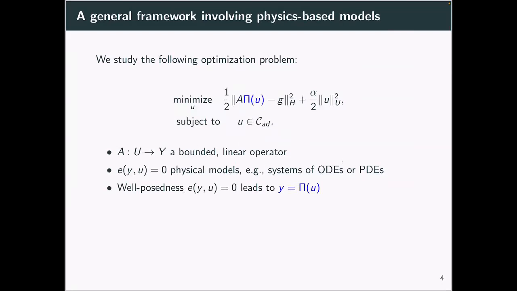In many cases, we have the prior understanding of the PDEs. So given an input U here, you should be able to find a unique Y. And in this sense, we call this map well posed. And we can come up with the solution map of this PDE or ODE.